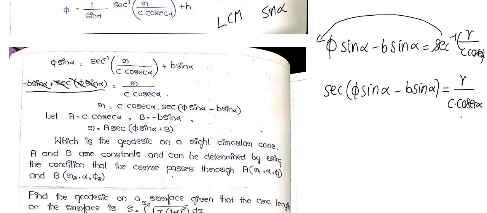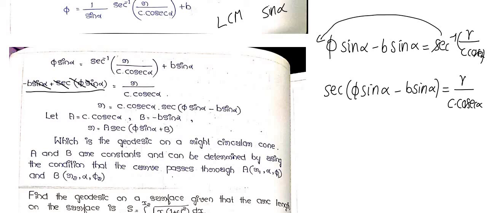Next we multiply this term here. Then by cross multiplication we get r equal to c cosecant alpha into secant of phi sin alpha minus b sin alpha. Consider a as c cosecant alpha, b as minus b sin alpha.